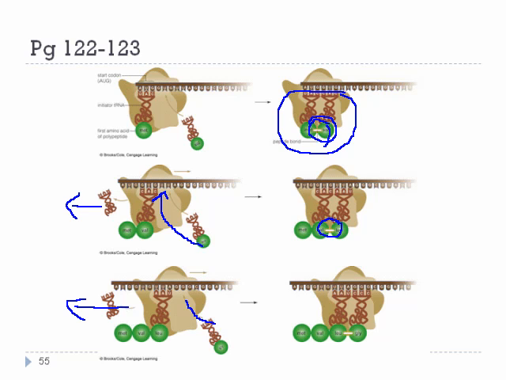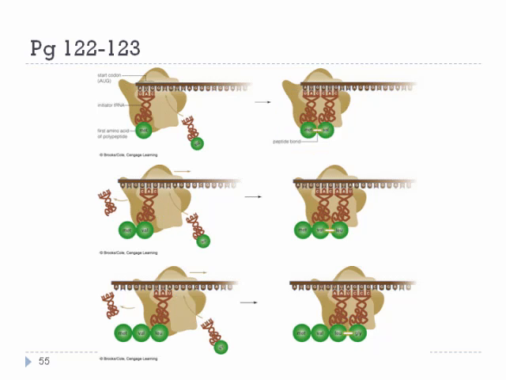This tRNA goes away, the next one comes in, and you form a peptide bond. And what you've done is you've taken the information in the mRNA and translated it into a sequence of amino acids, and you've used these tRNAs in order to do it.